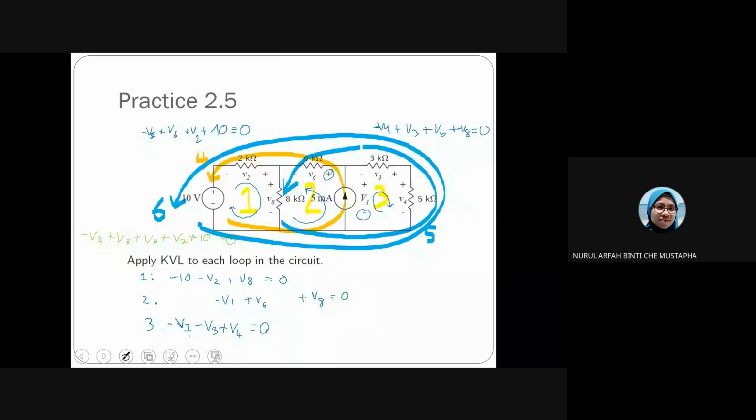number 6. Maybe you will write down here to 6 here. Start from 4 and minus V4 plus V3 plus 2. Yeah.